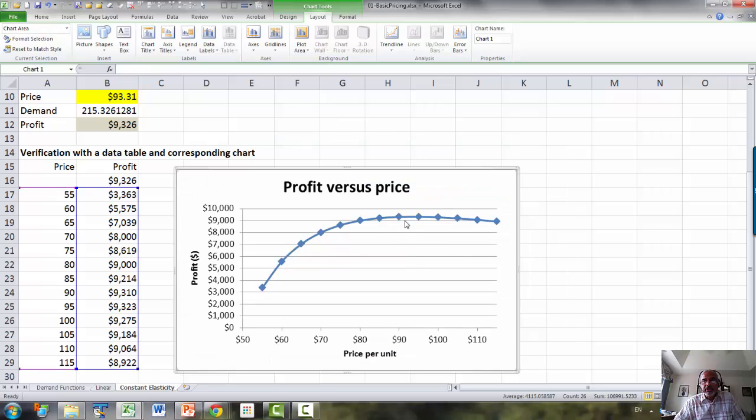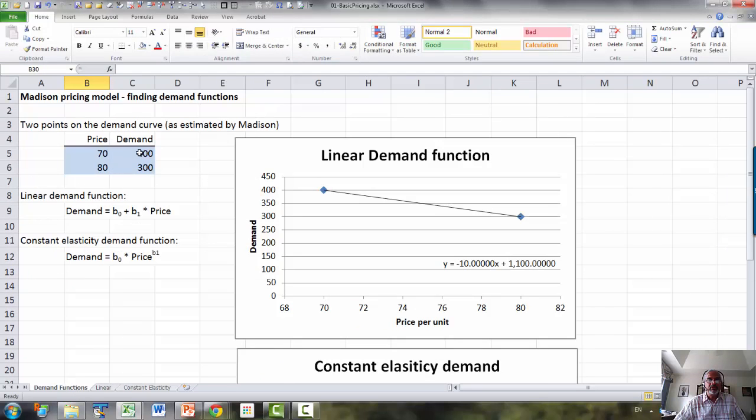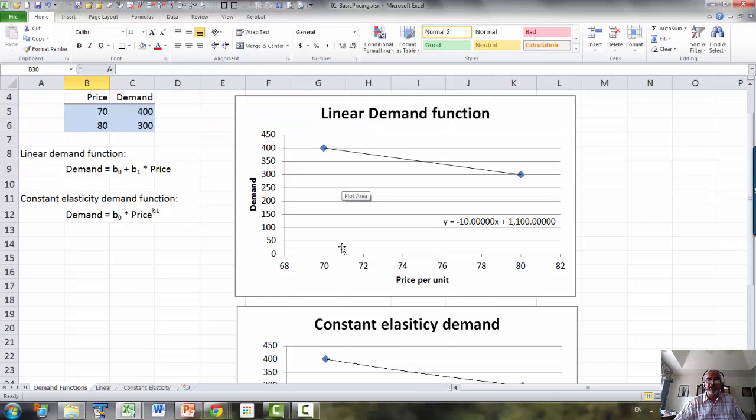And you see after this point, the curve bends down. So the maximum is achieved around here, which is $93.31. So in this example, we had only 2 points and we had to come up with the functions.